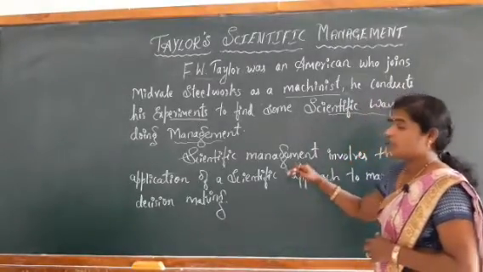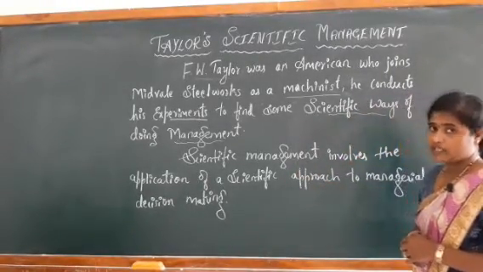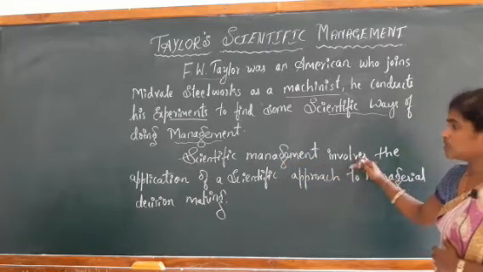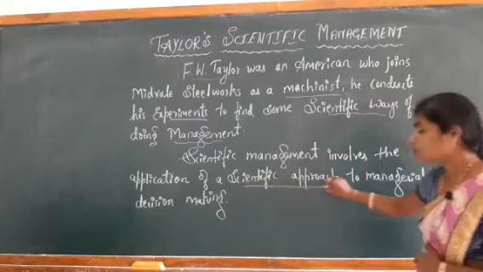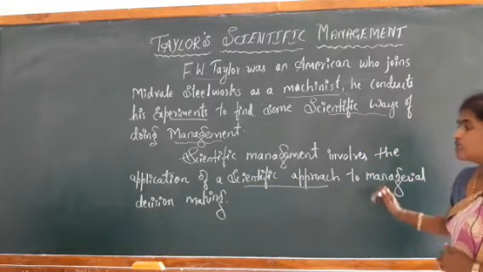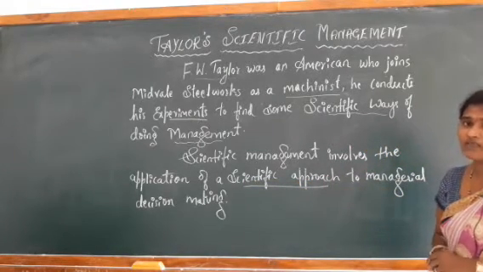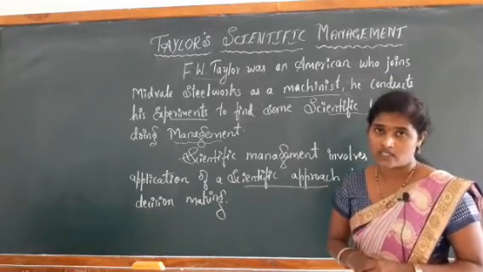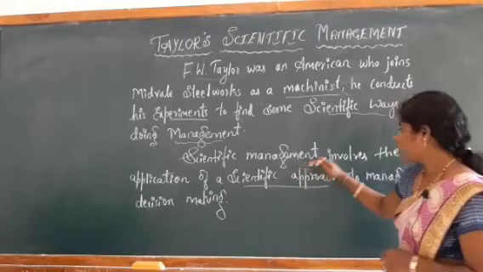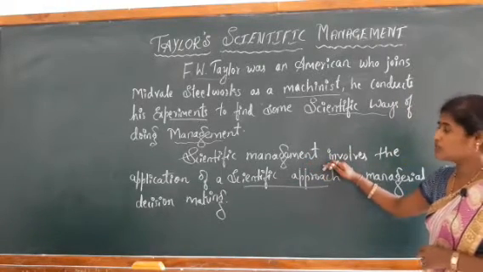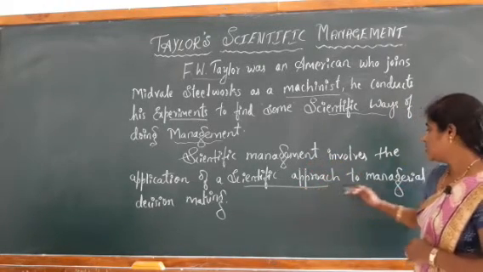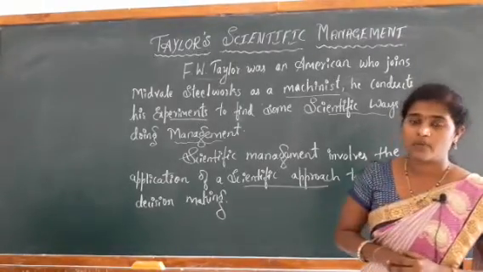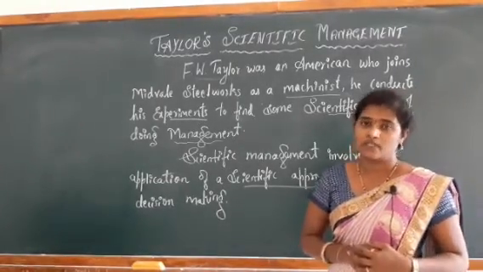As per scientific management, it involves the application of a scientific approach to managerial decision making. It helps us take decisions in a business organization, using a scientific approach that is helpful for managerial decisions, which is done by the scientific management principles.